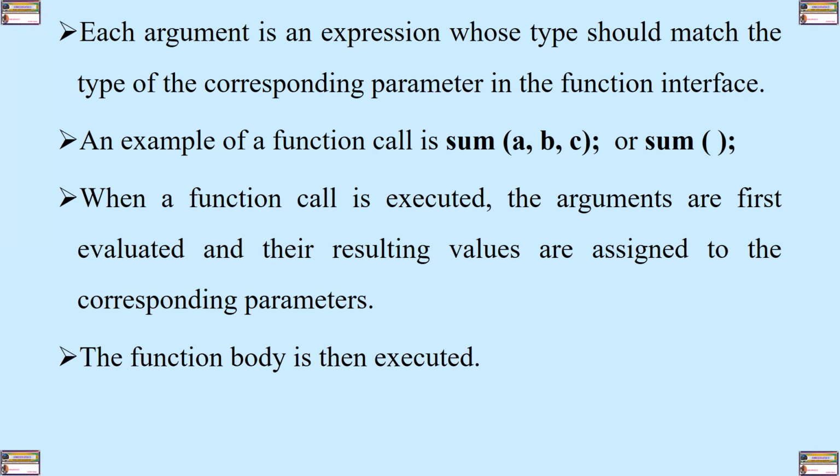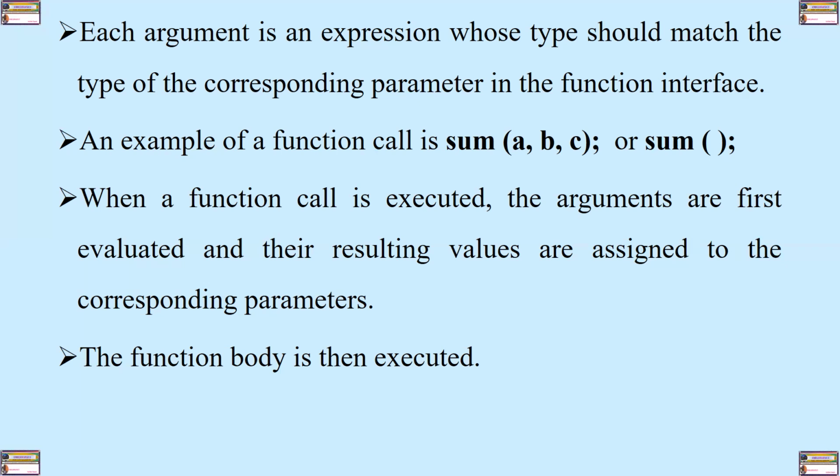So if the first argument is real, is double, the parameter to receive it must be double. If B is integer, the receiving parameter should be integer. If C is Boolean, the receiving parameter should be Boolean. In other words, the order of arguments in the calling statement or invoking statement must match with the order of parameters in the receiving function.